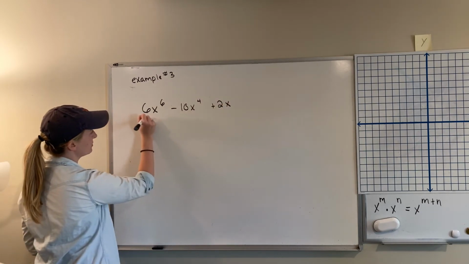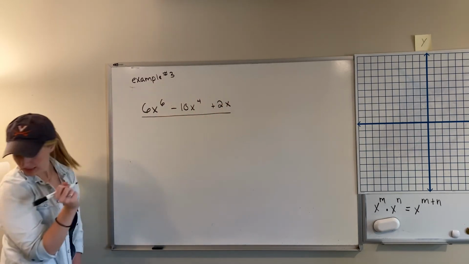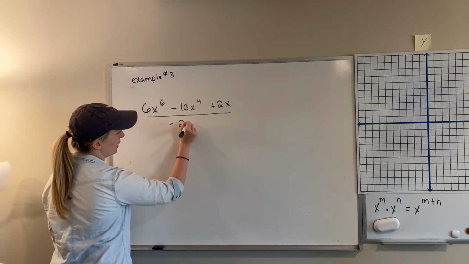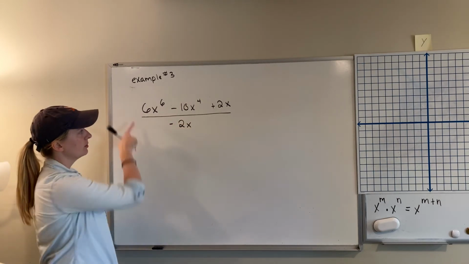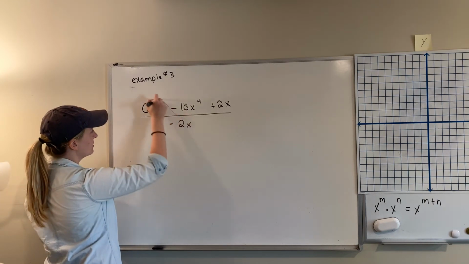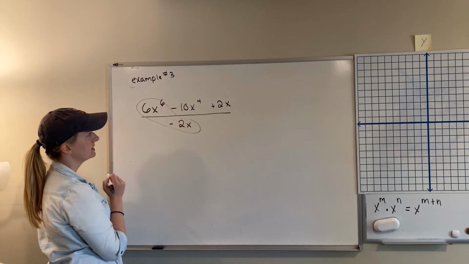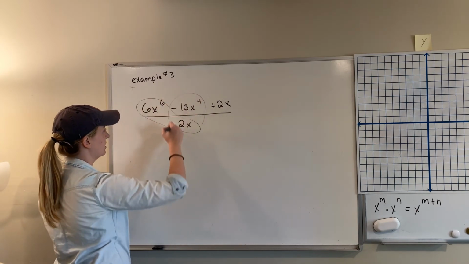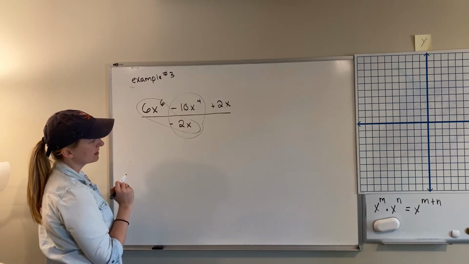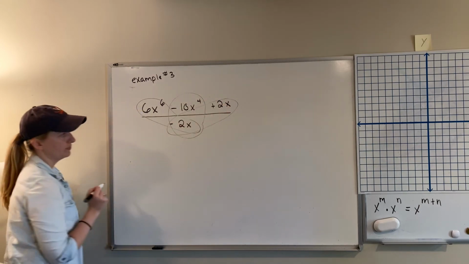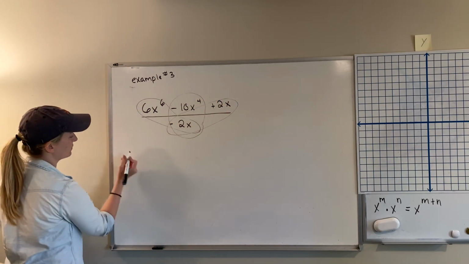And this whole expression is being divided by negative 2x. And what you have to remember is each term in your numerator is being divided by your denominator. So you're going to have to look at these individually. 6x to the 6th divided by negative 2x. Negative 10x to the 4th divided by negative 2x. And then 2x divided by negative 2x. So it's easier if you just write a whole expression.